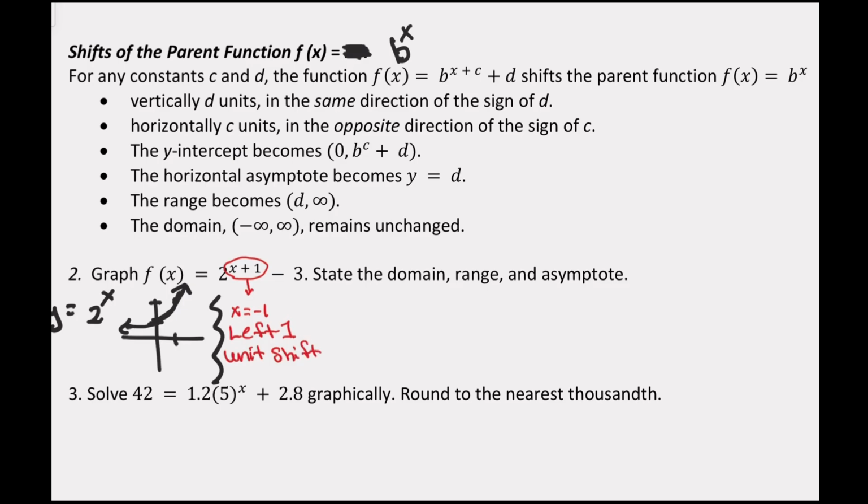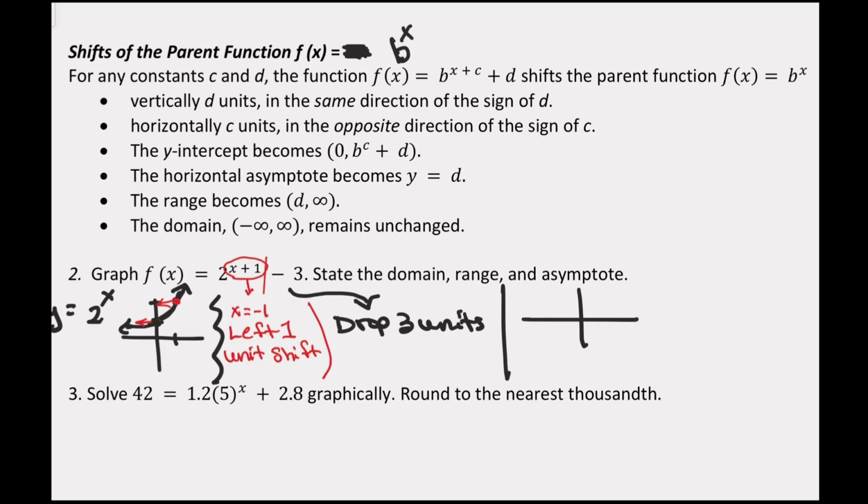Okay? Then we have 2 to that. So think of this point shifting to the left. Think of this point shifting to the left. Okay? And then after that is done, we drop all of our values 3 units. So if that's the case, our graph is going to look like this now.